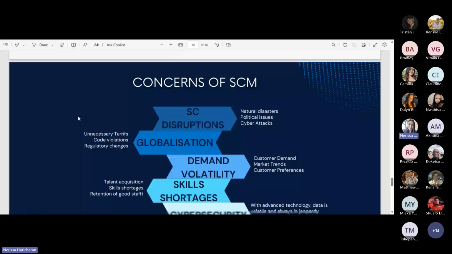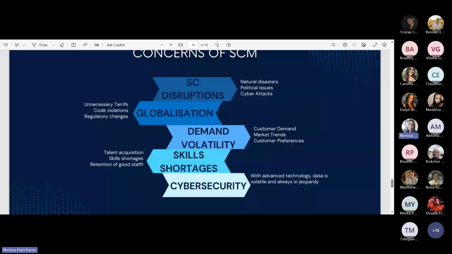Okay, then we want to talk a little bit about the concerns that impact a supply chain. So we spoke about a little bit of it, something like natural disaster, geopolitical tensions, cyber attacks, COVID-19 pandemic. All of this can disrupt the flow of goods across your supply chain.